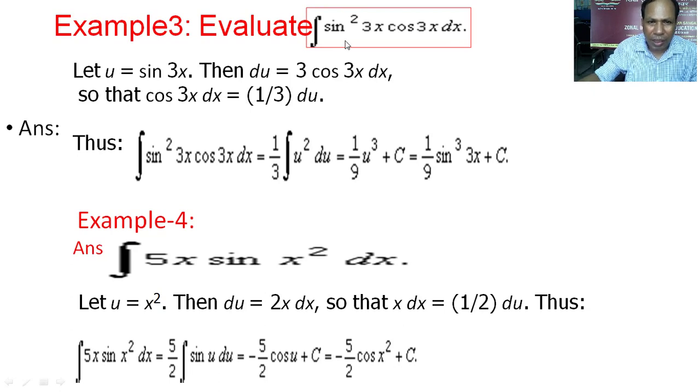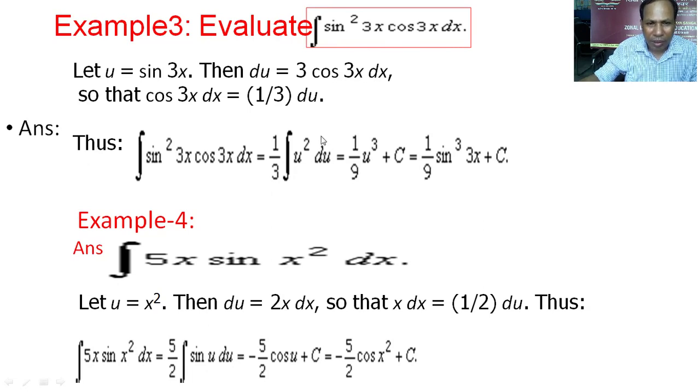So now we will reduce it to the form of u. So integral of sine square 3x into cos 3x dx becomes 1 by 3 into u square, since sin 3x is u, and cos 3x dx becomes du. So it is 1 by 3 u square du.